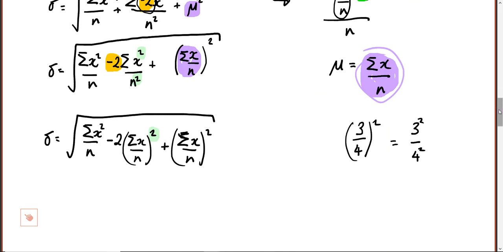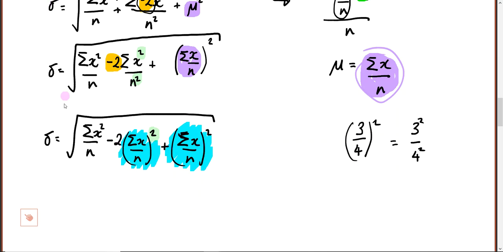All right, now you'll notice, or hopefully you'll notice, that these 2 are now like terms. They're both sum of x. But how many of them have I got here? -2 plus 1 of them.